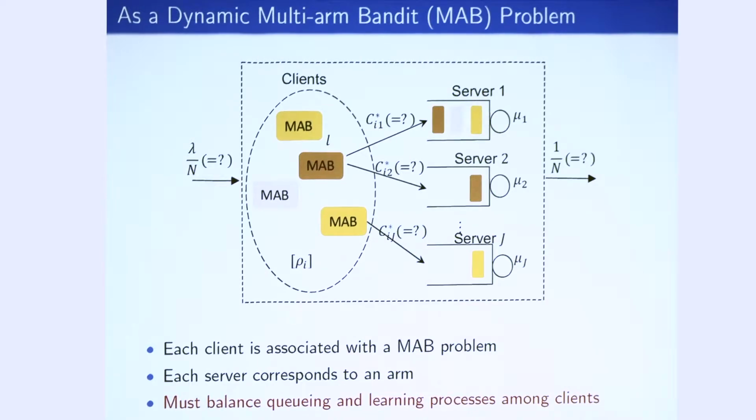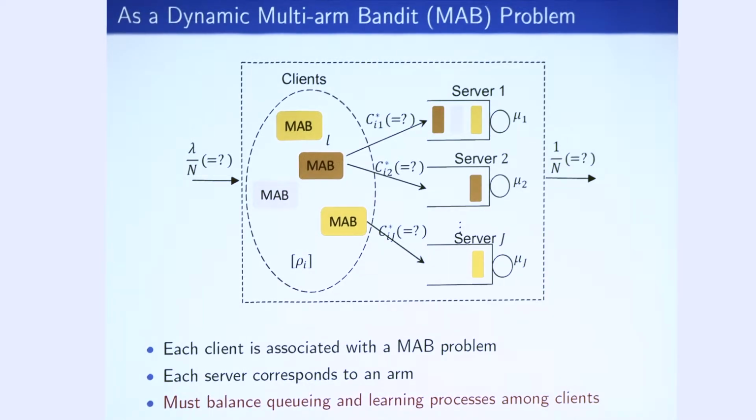At a very high level, you can view this problem as a dynamic multi-armed bandit problem, in the sense that there's an arrival stream of clients, and each client corresponds to a multi-armed bandit problem, and each server corresponds to an arm. For each client, the system needs to decide whether to pull an arm, like select a server, and which arm to pull.